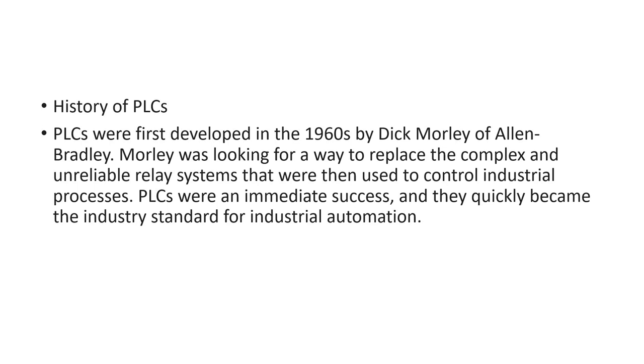So before PLC development, relay logic and contactor logic were used, but by using PLC, relay and contactor logic became obsolete, and PLC is commonly used as a controller. So too much wiring is reduced because of the use of PLC in industrial automation.